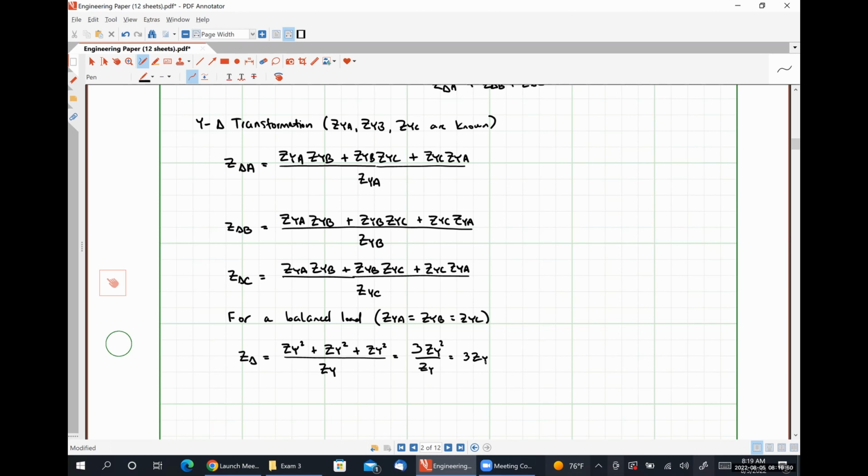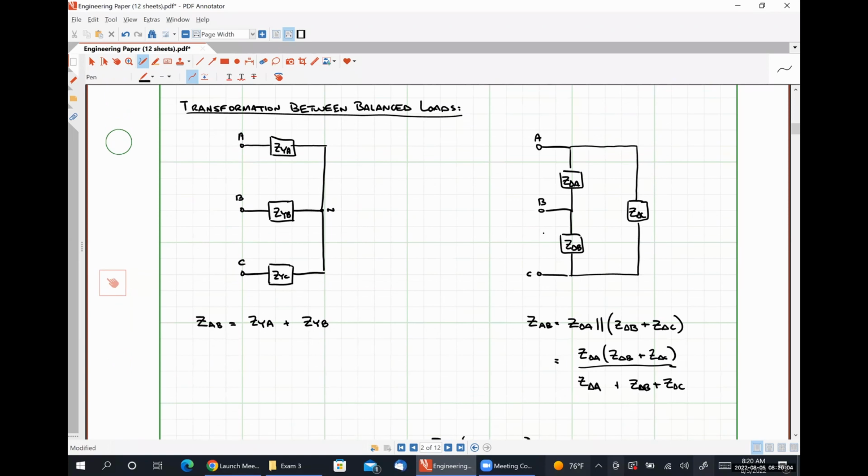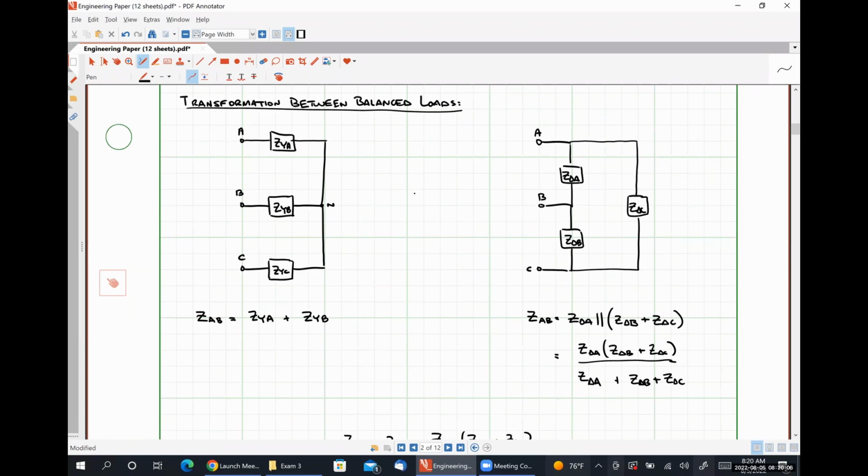So for a balanced three-phase system to go from a Y connected load to a delta connected load, we simply multiply the impedance by a factor of 3. So our transformation in this direction is literally Z delta is equal to 3 ZY.